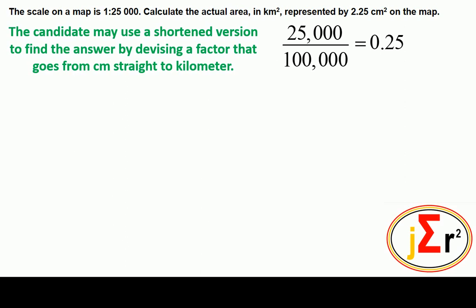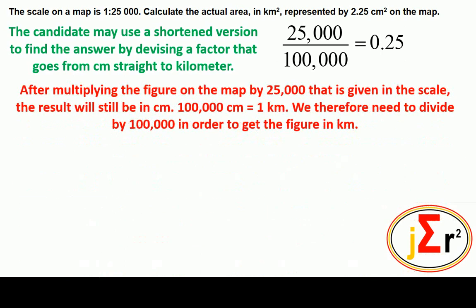And of course, that's a shortened version. After multiplying the figure on the map by 25,000 that is given in this scale, the result will still be in centimeters. 100,000 centimeter is equal to 1 kilometer. We therefore need to divide by 100,000 in order to get the figure in kilometers. Right.